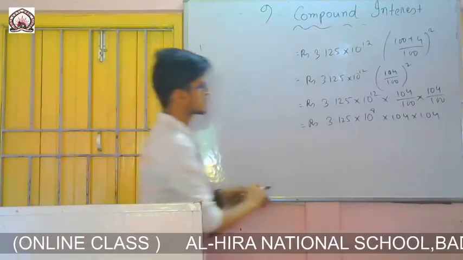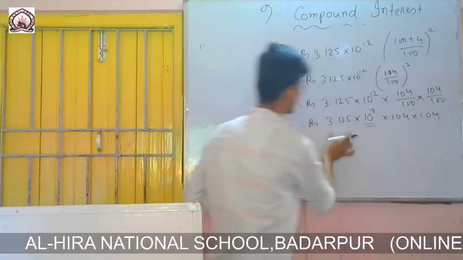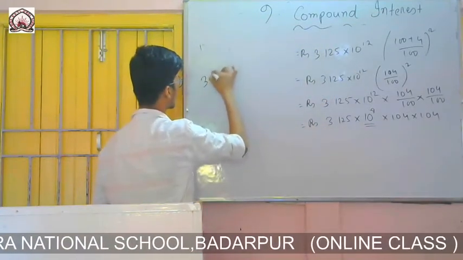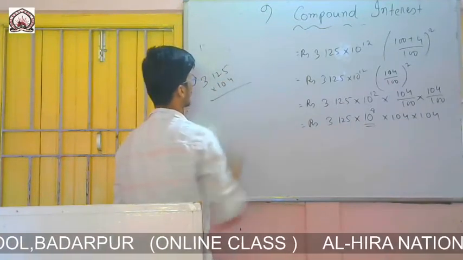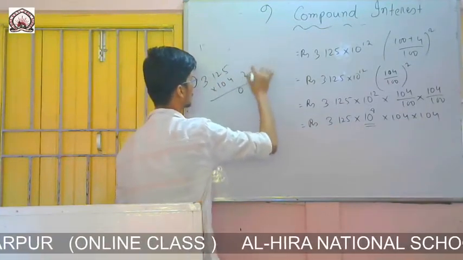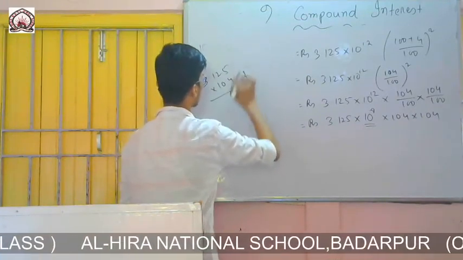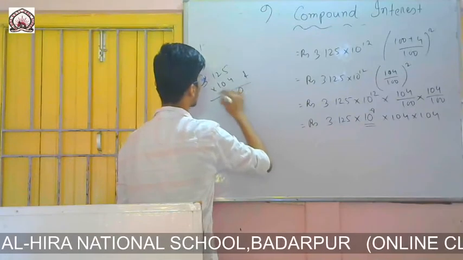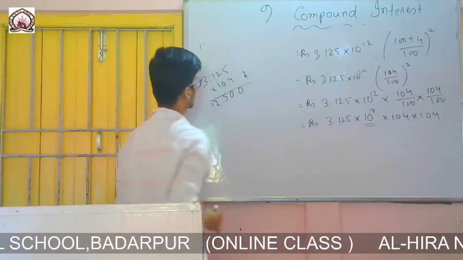So you keep this part, no need to touch this part. Simply I will multiply with this one. So 3.125 multiplied by this one, 4 5s are 20, 0, 2, 4 2s are 8, 9 10, 0, 1, 4 1s are 4 and 1, 5, 4 3s are 12, okay.